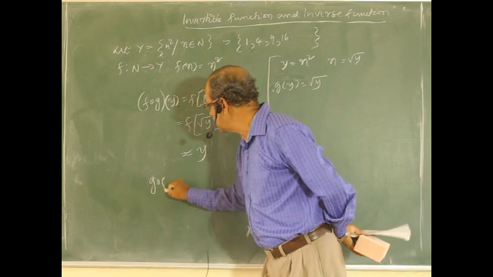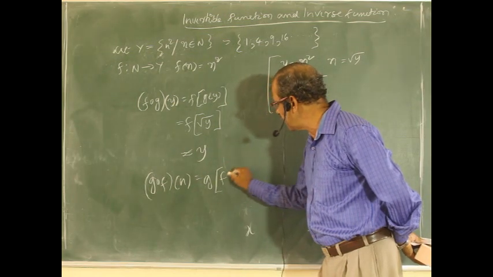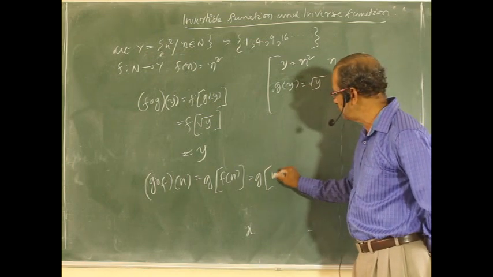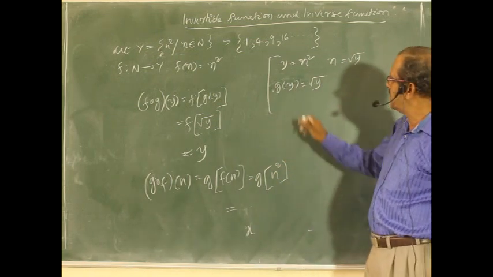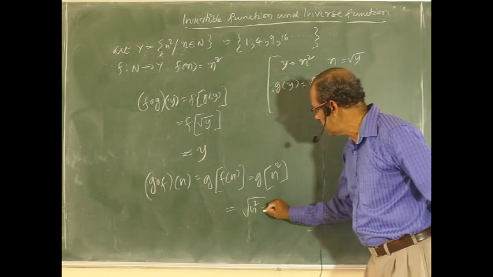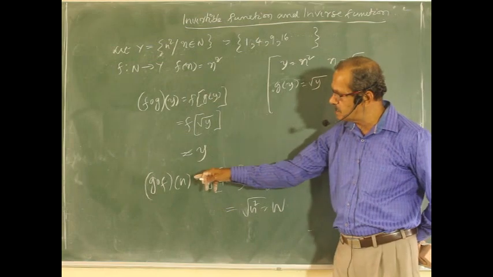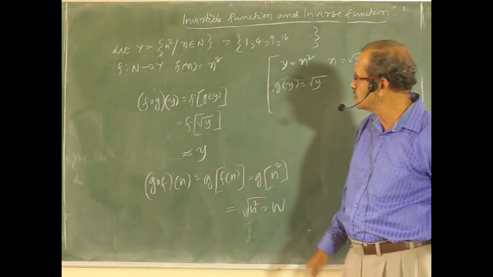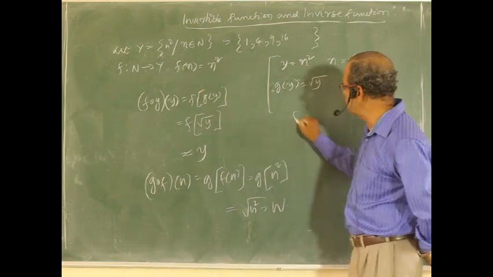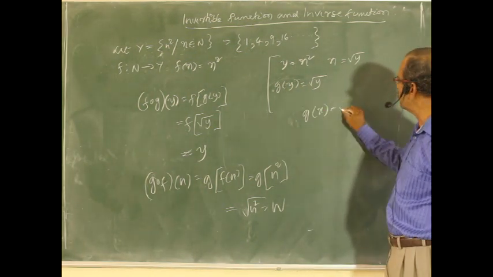Let me verify this also. G composite F of n equal to G of F of n, but F of n is n square. G of y is root y, so G of n square is root n square, which is n. That means G composite F of n equal to n. G composite F is also identity. So both compositions are identity. Therefore, it is invertible. The inverse of the function is G of x equal to root x.